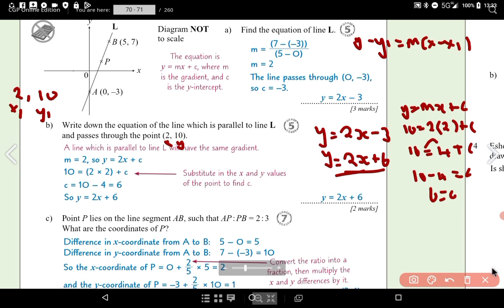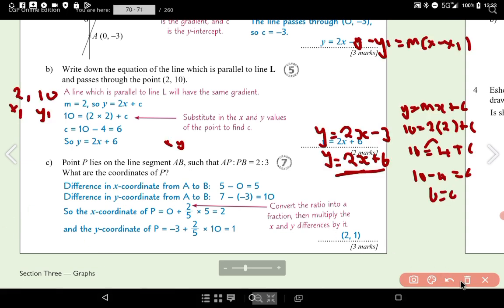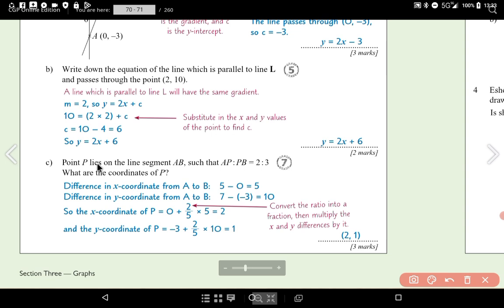Okay, so another one which I tried to explain last time is where you use ratios to find the coordinates. You can try to do this one. The point P lies on the line segment AB such that AP to PB is this. So let's say this is the line. Let me draw a straight line.